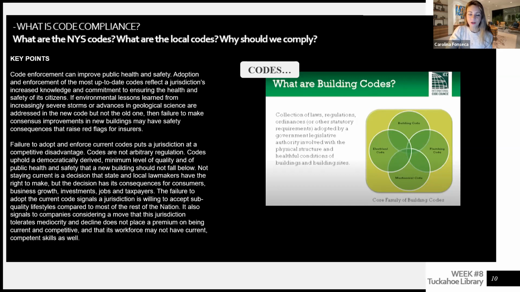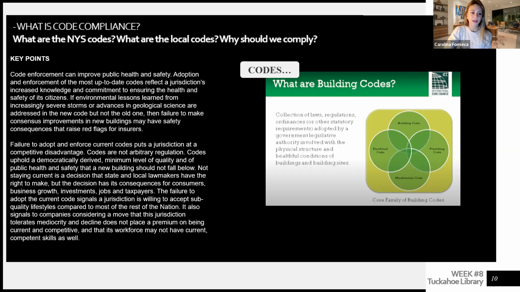Most of the building codes that we use are laws that were written because someone had an accident, people died. Huge fires in the history of the United States, for example, were part of people sitting together and writing new codes, new rules and regulations. Codes are not arbitrary regulations.